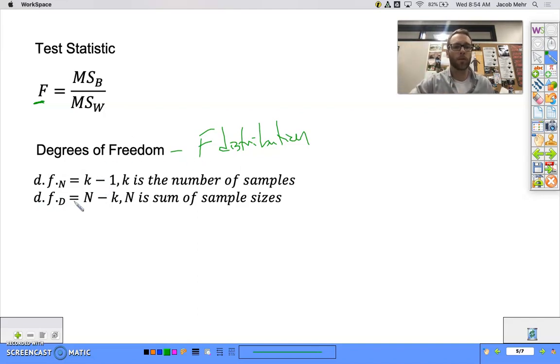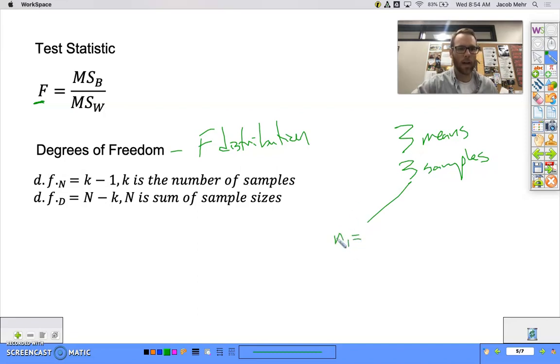The degrees of freedom for the denominator is going to be the sum of the sample sizes minus the number of samples. So let's say we had 3 samples, 3 means, and from our 3 samples, let's say the first sample, N sub 1, was a sample of size 6, and then our second sample was a sample of size 10, and our third sample was a sample of size 7.